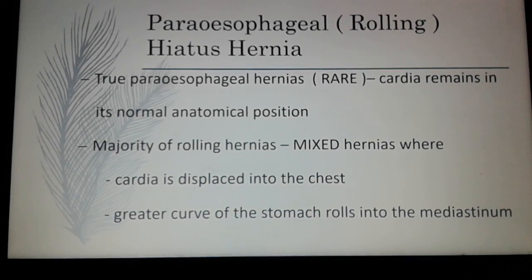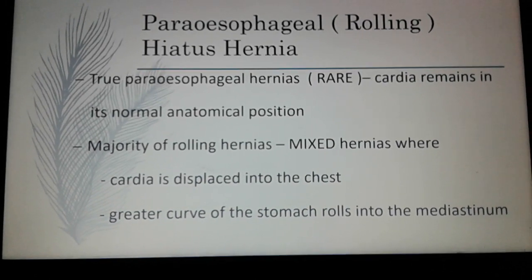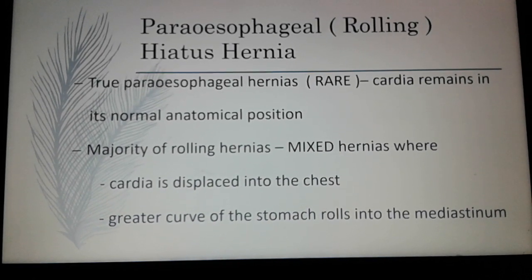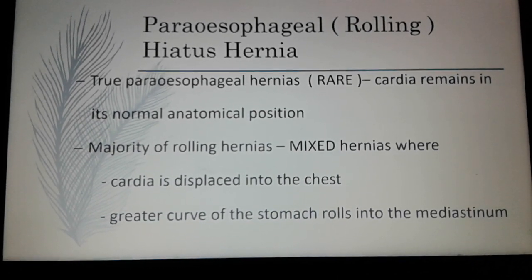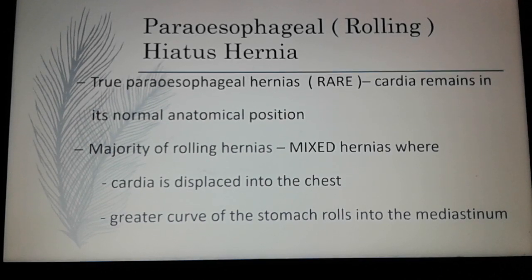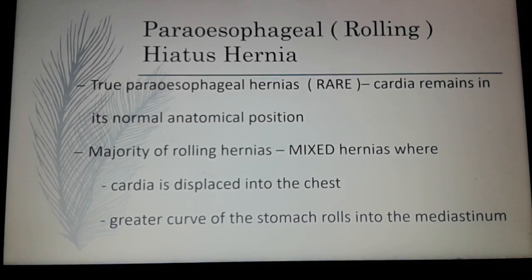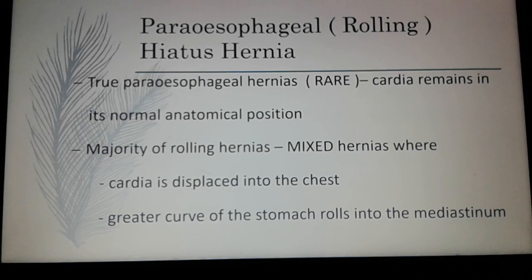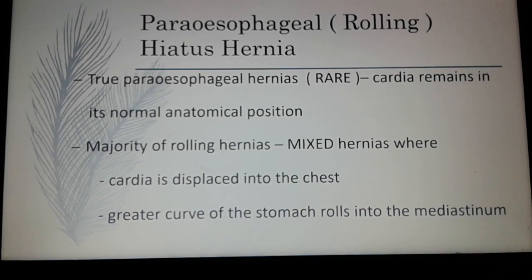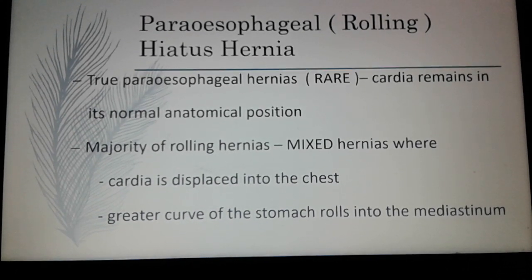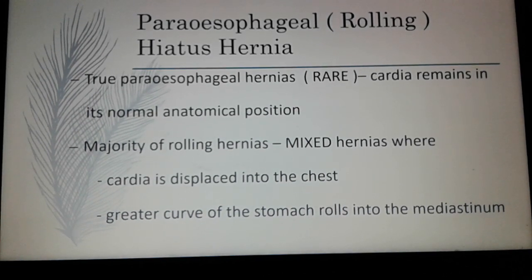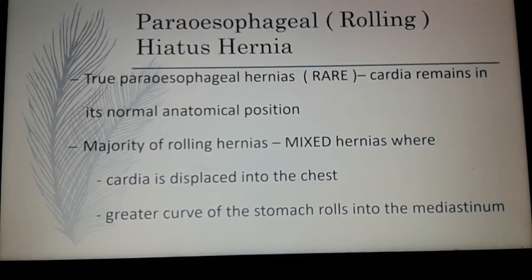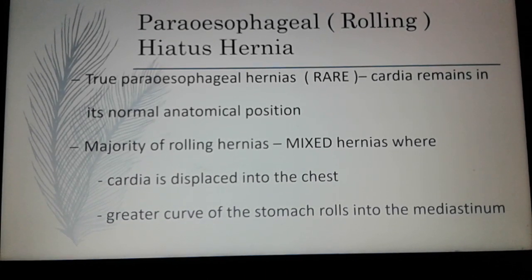Now just try to understand the basic concept, the difference between rolling type and sliding type. In sliding type, the cardia of the stomach slides into the chest, whereas in true paraesophageal hernias, the rolling type, the cardia remains in its normal anatomical position.